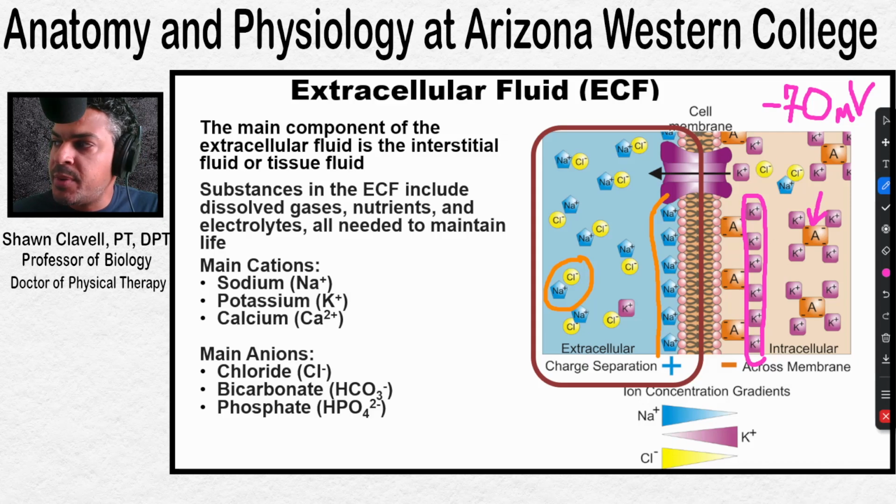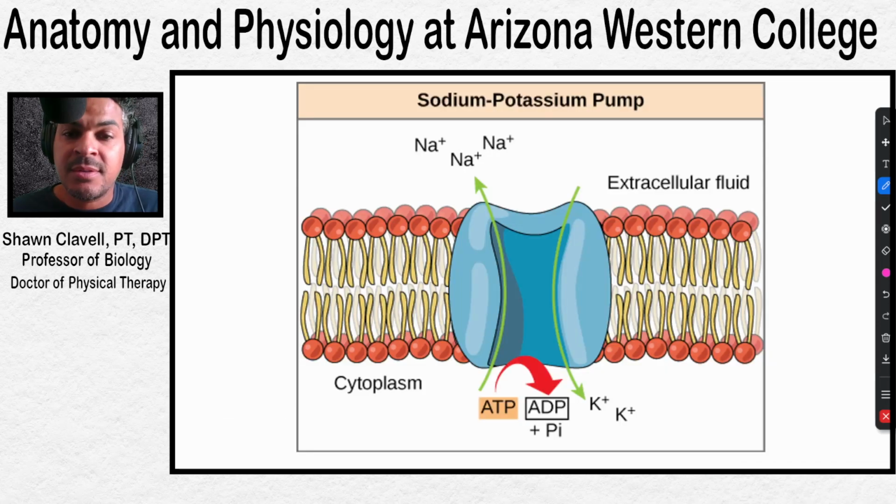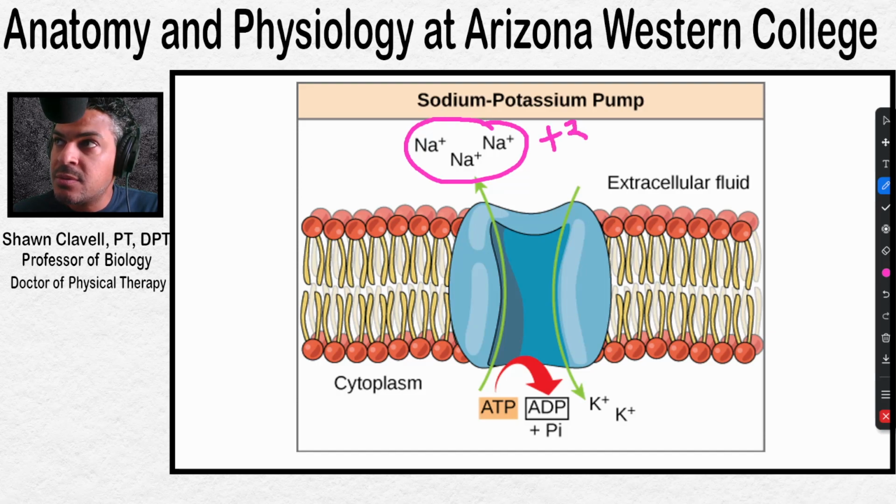And the biggest mechanism in maintaining the sodium potassium concentrations is the sodium potassium pump. And now recall that the sodium potassium pump is responsible for releasing 3 sodium ions into the extracellular space, the interstitial fluid as it might be called, and 2 potassium ions.